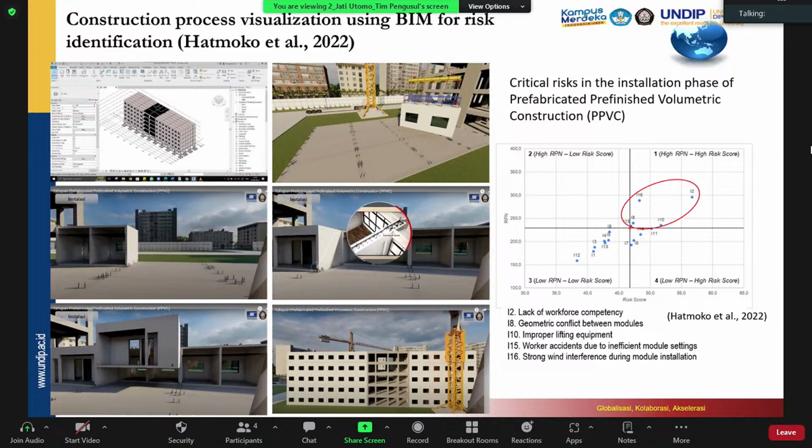This is especially for a building using what is called prefabricated, pre-finished volumetric construction, abbreviated as PPVC. We can understand the process and identify the risks earlier, and later classify which of the risks are critical to the project.